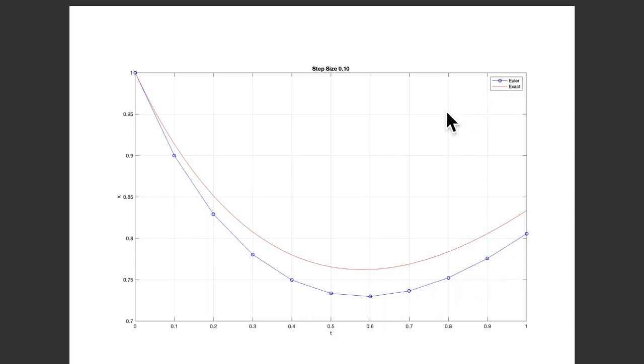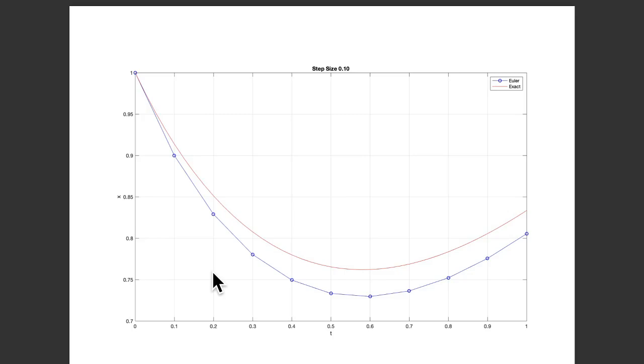I've also plotted the exact curve, which I obtained by other numerical methods, in red here. So you do see that Euler's method is giving you only an approximation of the solution, and actually the error is pretty significant here. It's on the order of 0.05 or 0.03 or something.